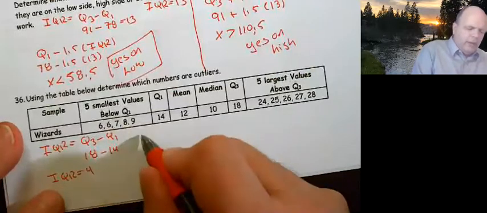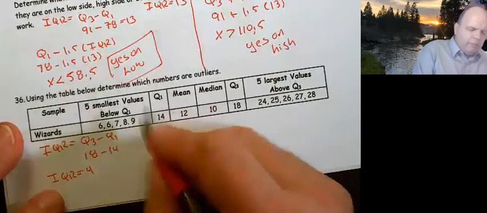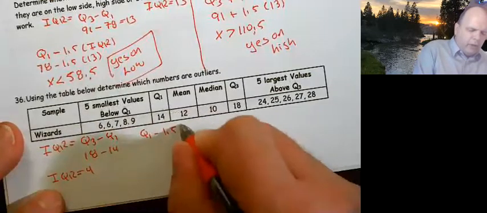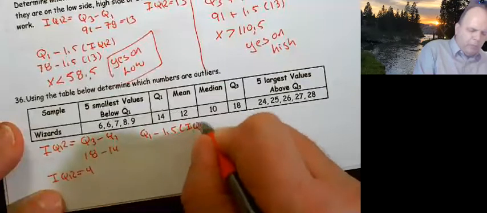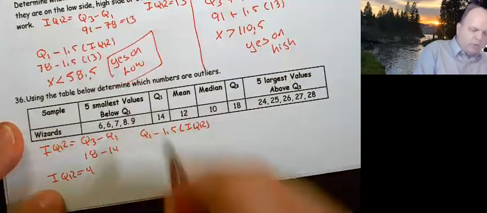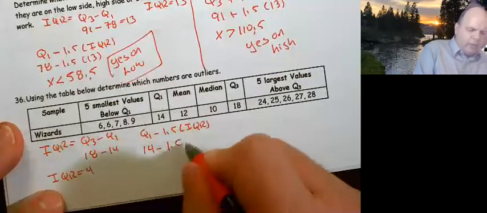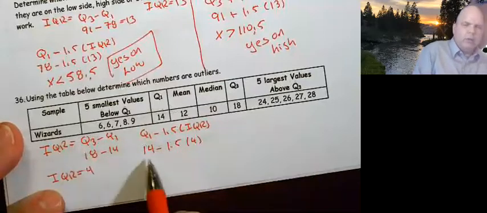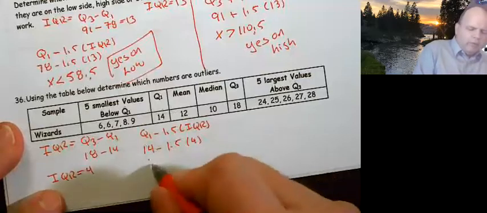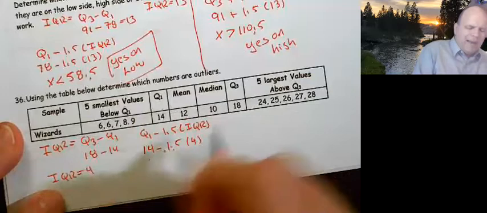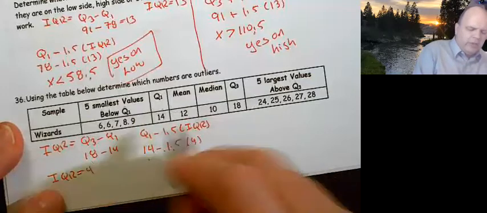Low side, Q1 minus 1.5 IQR, that's our formula. Q1 is 14 minus 1.5 times 4. 1.5 times 4 is 6. 14 minus 6 is 8.